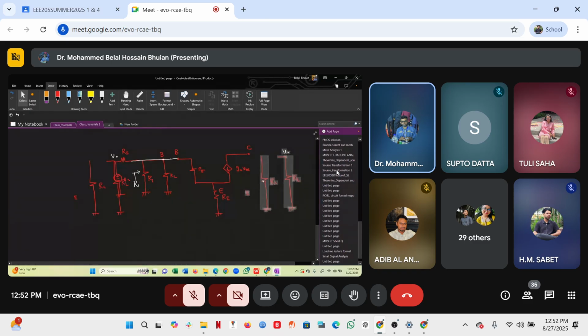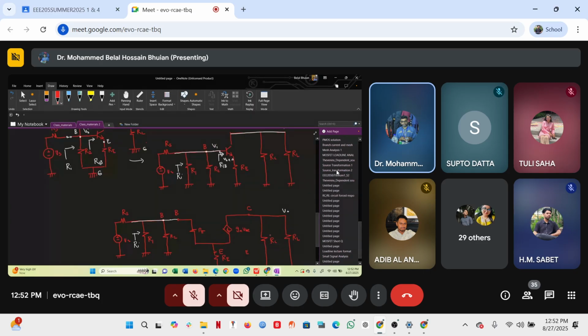So the circuits are simply connected as they are. So that is the same circuit replacing the BJT with this model.